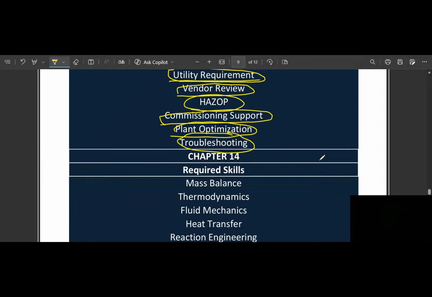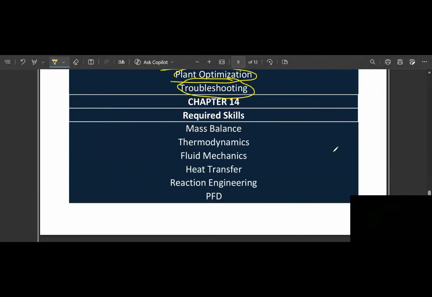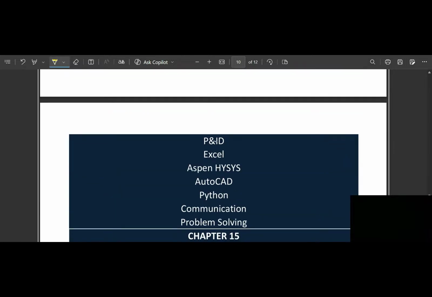So what skills are required as a process design engineer? The major skills are mass balance, thermodynamics, fluid mechanics, heat transfer, reaction engineering, and PFD.